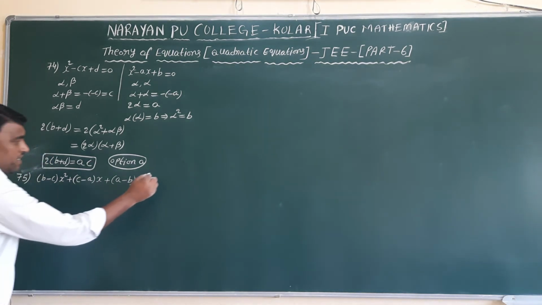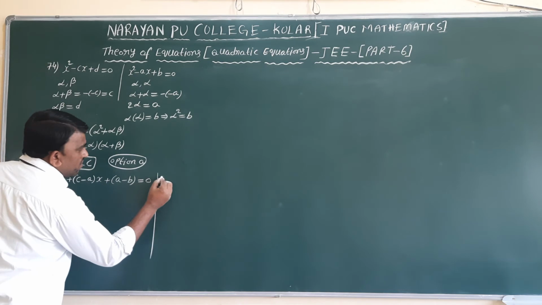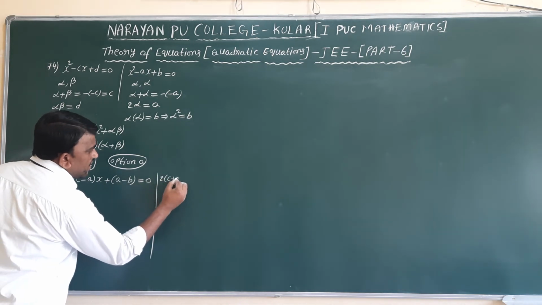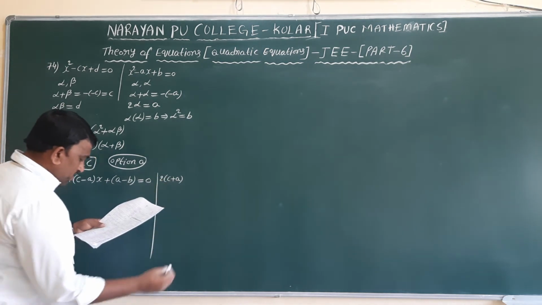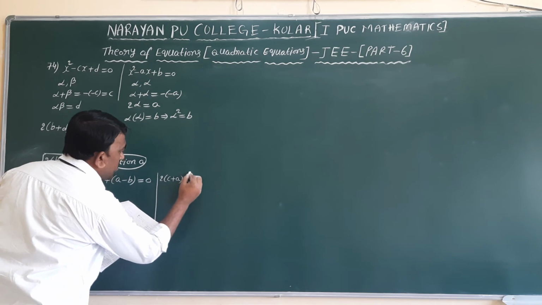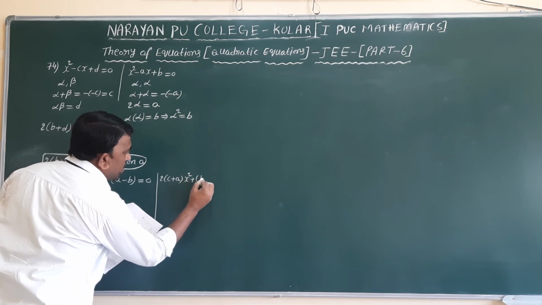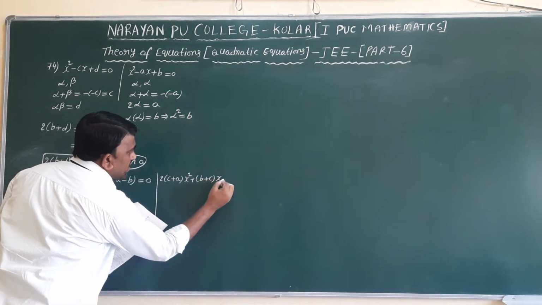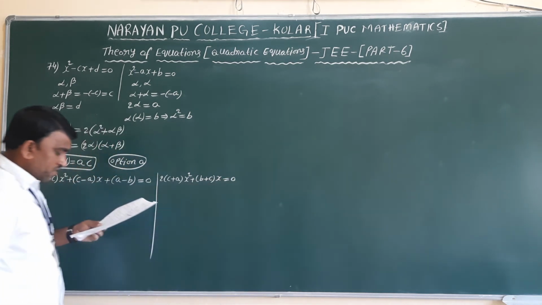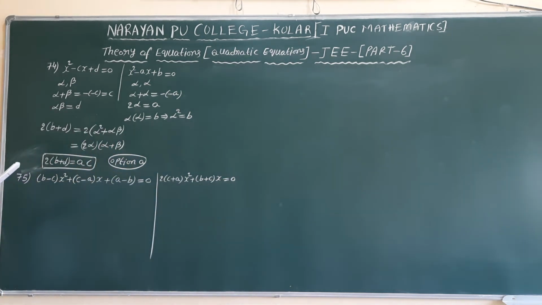And the second equation, 2 into C plus A of x square plus B plus C into x is equal to 0, have a common root. Then find the relation between a square, b square, c square.